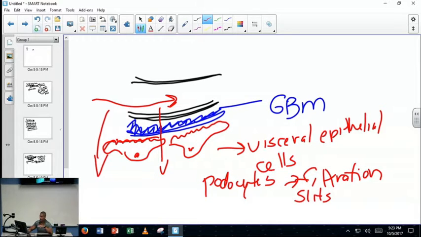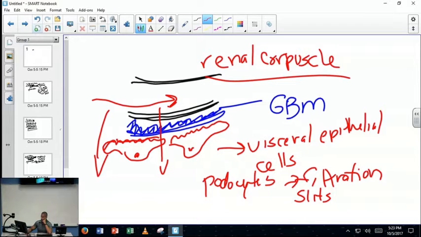Okay, well, your renal corpuscle, which is the combination of your glomerulus, your glomerular basement membrane, and your podocytes or visceral epithelial cells, that's pretty much the glomerulus, which the sum total is called the renal corpuscle. Okay?